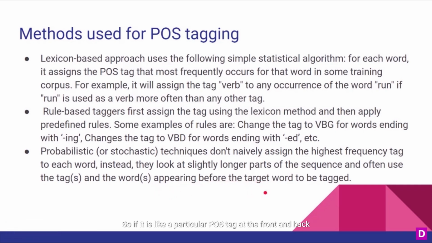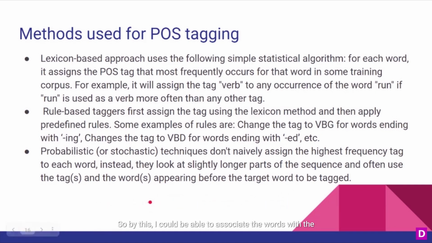So if there is a particular POS tag at the front and back of the word, and we try to understand the context where that particular word is appearing, then it will tag the word with a perfect POS tag. In this way, it is actually looking into other parts of the sentence as well.